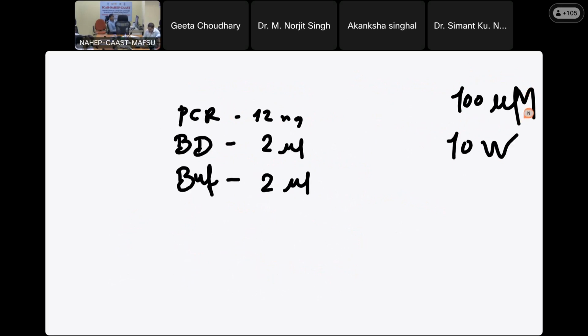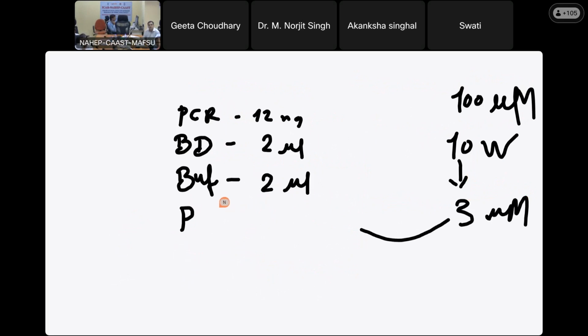Usually we dilute this 3 times again for Sanger sequencing, so it comes to 3 micromolar. So this is 10 micromolar, 10 micromolar, 3 micromolar. And this 3 micromolar goes in, only one primer, not forward and reverse, only forward for example. So 3 micromolar is 1 microliter.